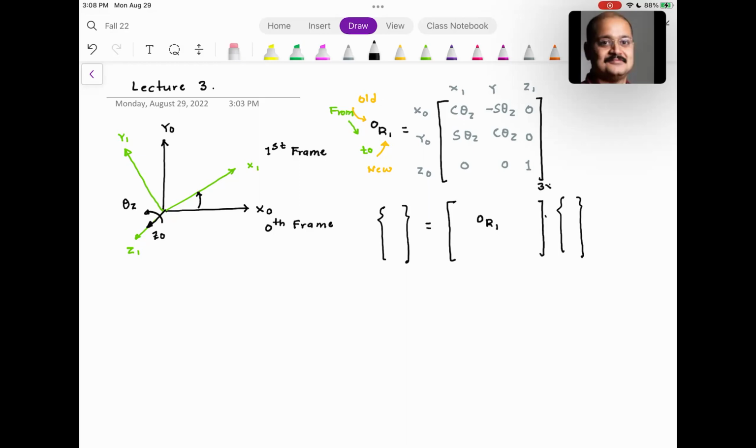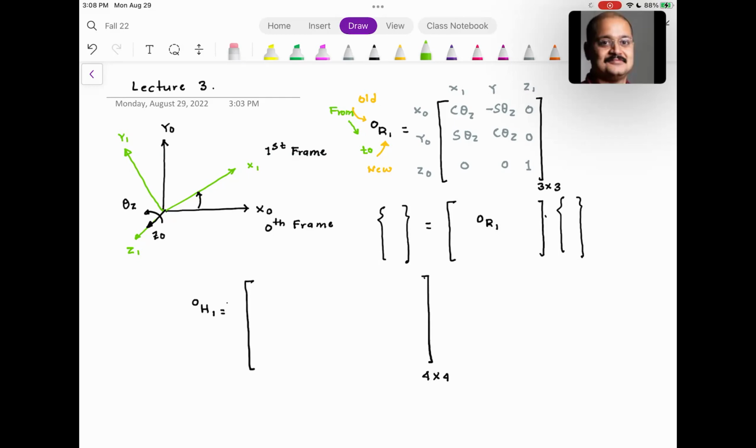This matrix is a 3 by 3 matrix. The homogeneous transformation 0H1 is a 4x4 transformation, and it's split something like this.